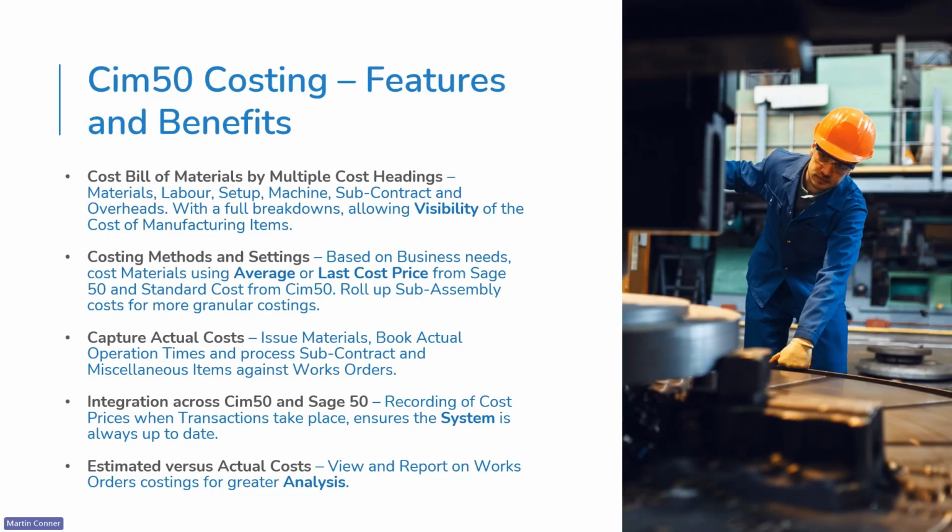Once we've realized our expected costs within the bills of materials and on whichever costing method that we've chosen, we can then capture actual costs. So we have the ability to issue materials, book actual operation times with various methods, process the subcontract processes, and also capture miscellaneous item costs against a works order.